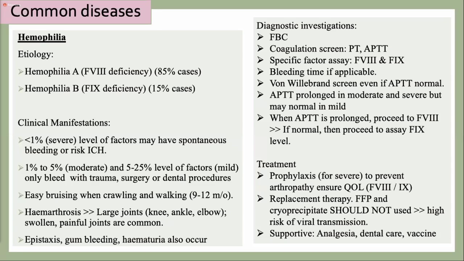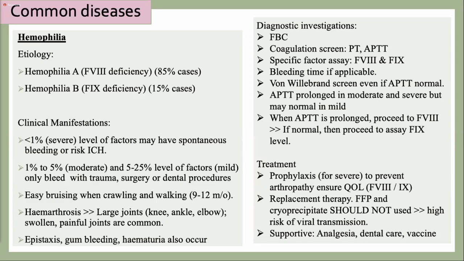The issue with hemophilia is they need frequent blood transfusion, because the factor comes from blood. Factor is taken from people who donate blood. So when they need frequent transfusion, if you always give cryoprecipitate or FFP, the risk of viral transmission is higher. And if you give FFP or cryo, you are giving everything, whereas the patient only lacks factor 8 or factor 9.